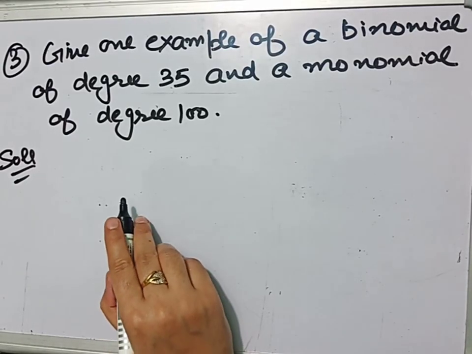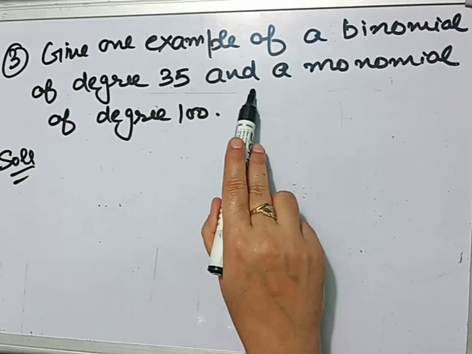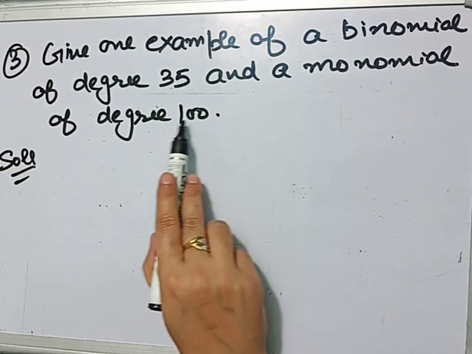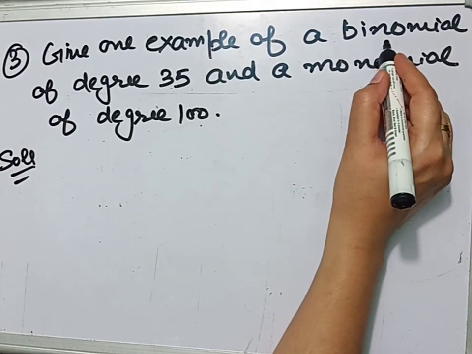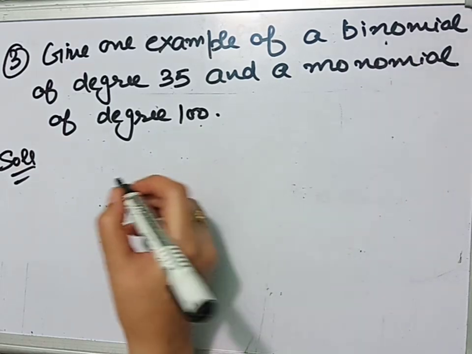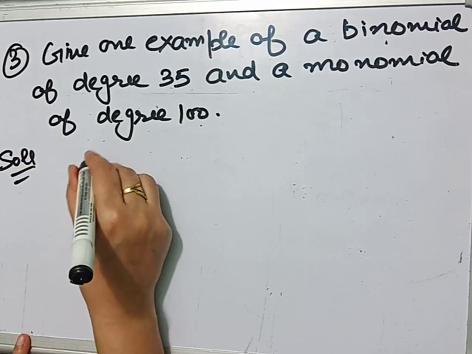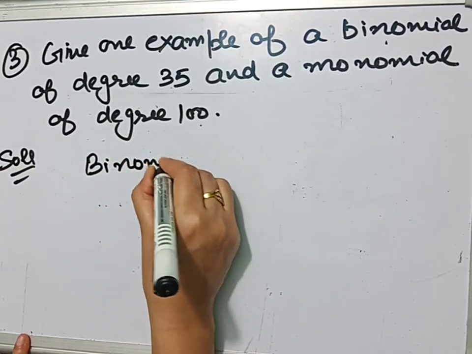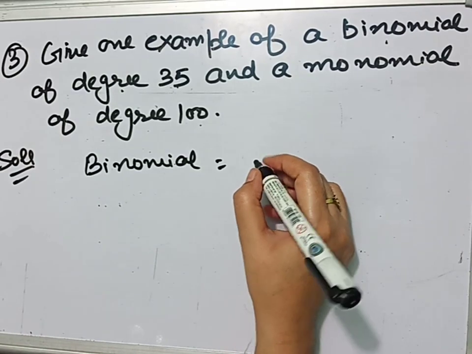Now third question is, give one example of a binomial of degree 35 and a monomial of degree 100. Firstly, you should know what is binomial. Binomial means a polynomial which contains two terms. Degree 35 means you can take any variable.